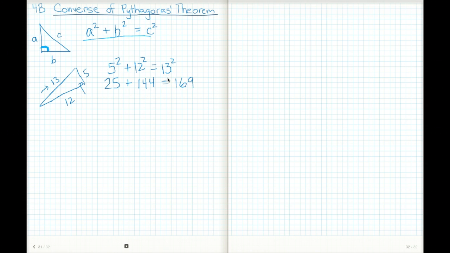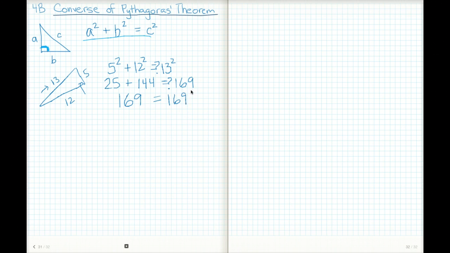So the question is, are these equal to each other? Maybe I should have put a question mark by the equal sign here until I know that they're equal to each other. So 25 plus 144, well, 5 plus 4 is equal to 9, so that's looking good so far. 20 plus 40 is equal to 60, and then we have 100. So is 169 equal to 169?